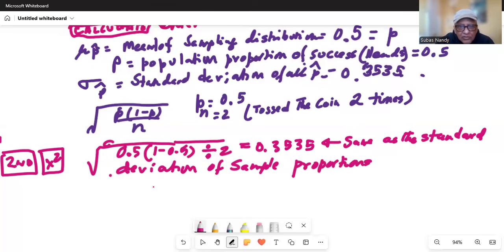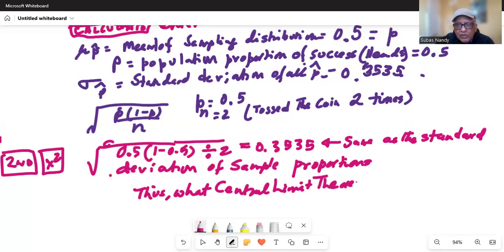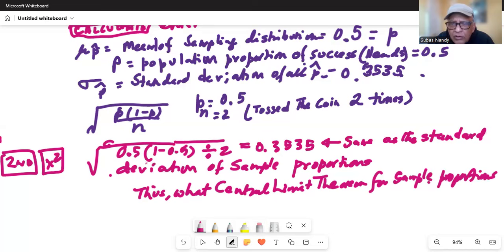The central limit theorem for sample proportions holds good.